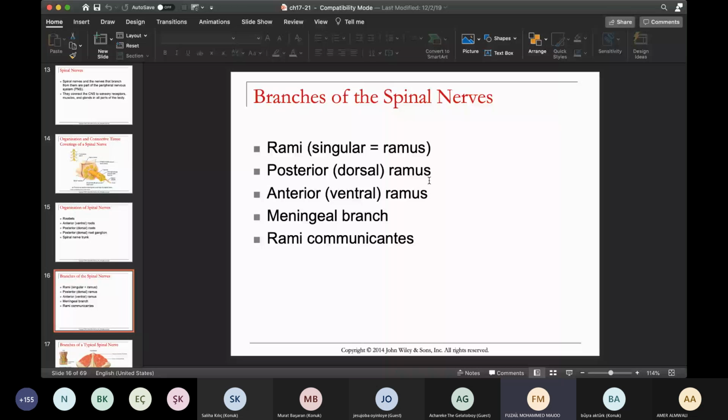The anterior, the ventral ramus, serves the muscles and structures of the upper and lower limbs, in addition to muscle and skin of the lateral and anterior parts of the trunk.